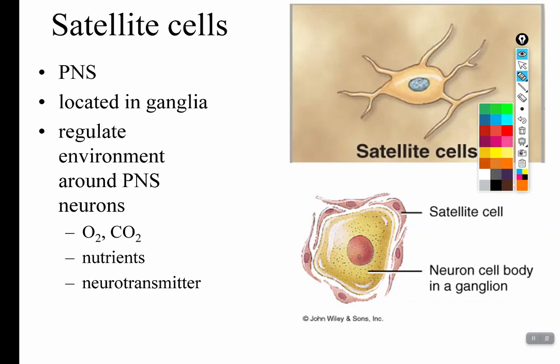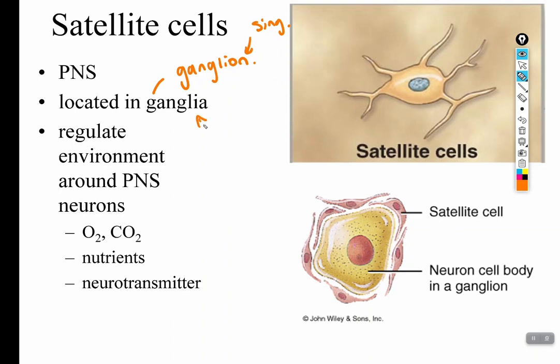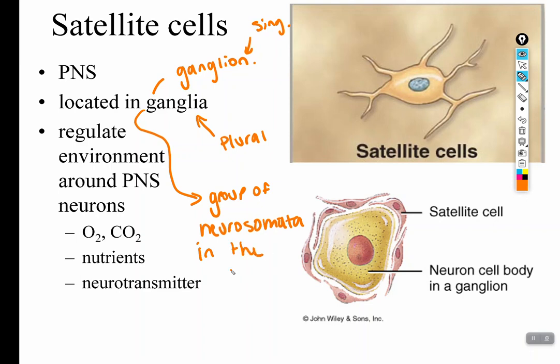So I think it's worth noting, this is the singular form, and this is plural. So the definition of these is a group of neurosomata in the peripheral nervous system.